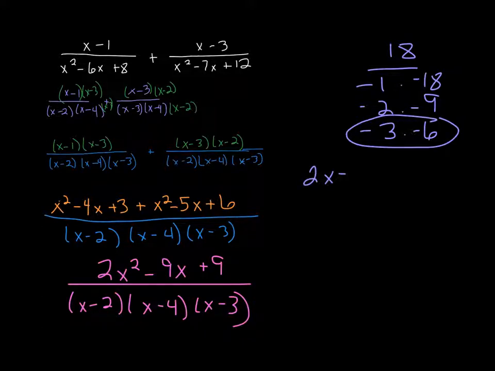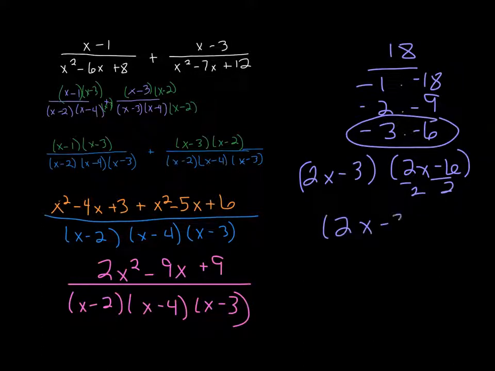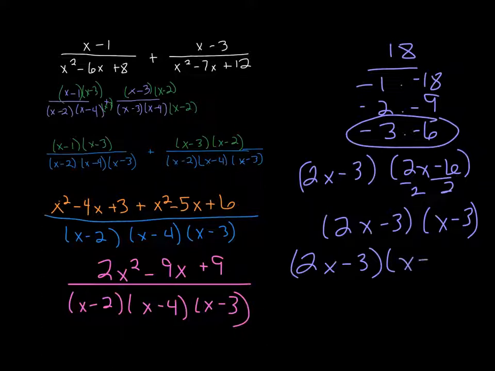So 2x minus 3, 2x minus 6. We can reduce this by 2. So 2x minus 3 and x minus 3. So we have on our numerator now 2x minus 3, x minus 3.